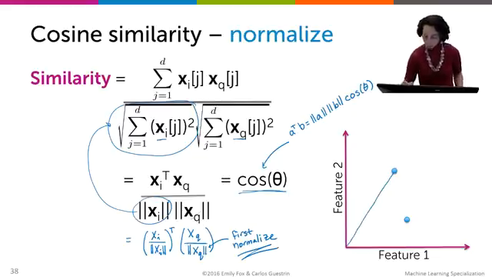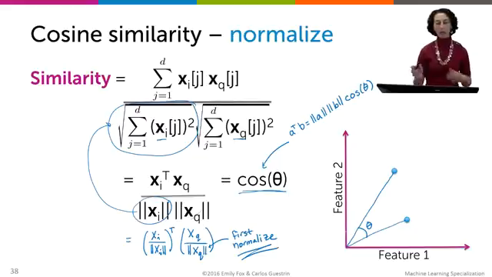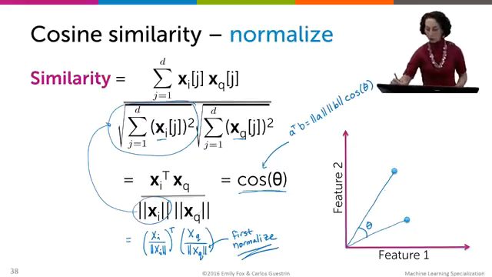So this is maybe the word count vector for one article and the word count vector for the other article. What cosine similarity is doing is just looking at the cosine of the angle between the articles, regardless of the magnitude of the vectors.